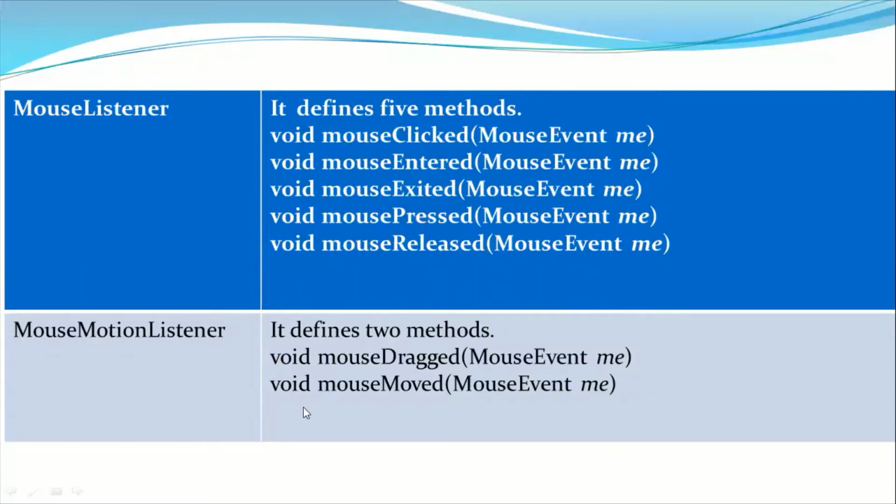That's why we need to define all these methods in the program. If you are implementing MouseListener as well as MouseMotionListener in the same program, we need to write all these 7 methods. And we can implement more than one listener in the same program also.